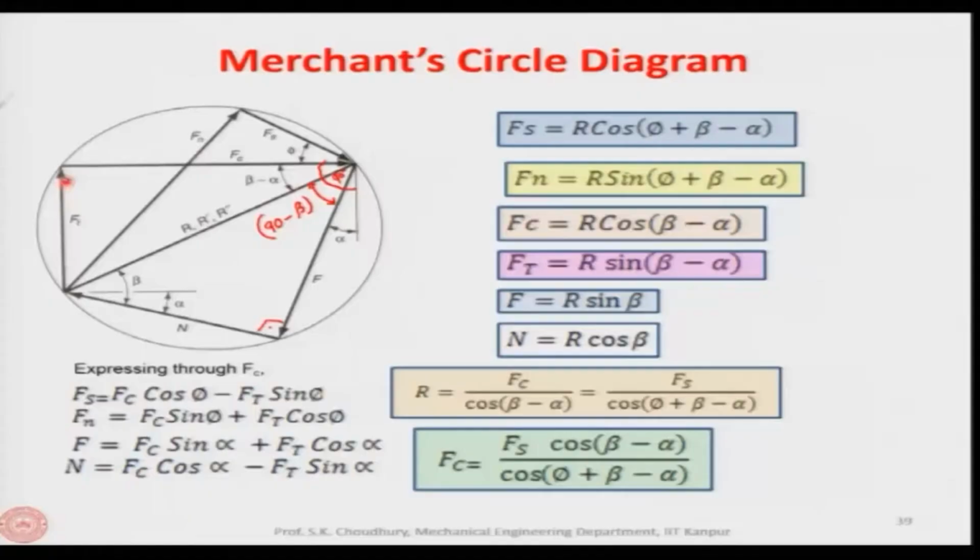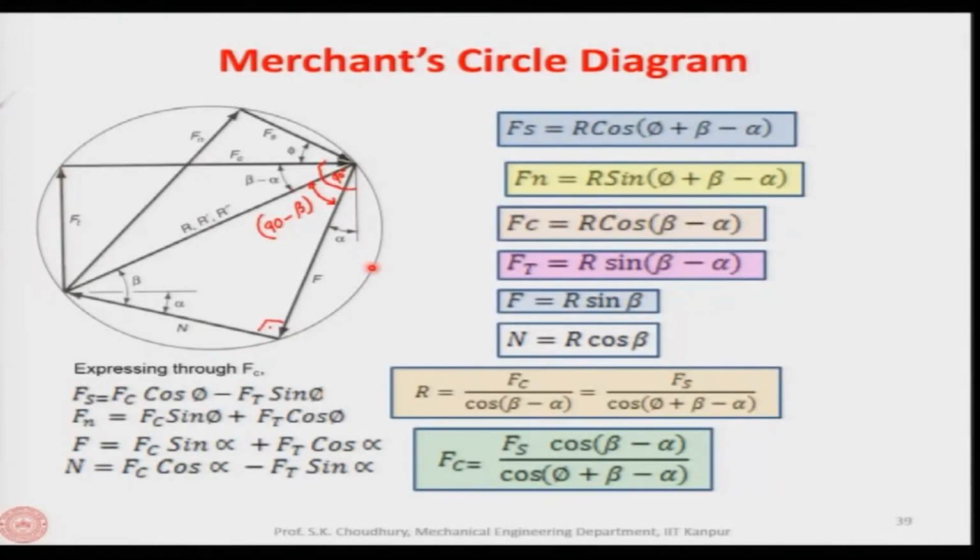So, if we do that, the components of these forces, that is the cutting force, thrust force, shear force, normal to shear force, friction force and the normal force, the tips of these components will be lying at the periphery of this circle. So, we have shown this circle.